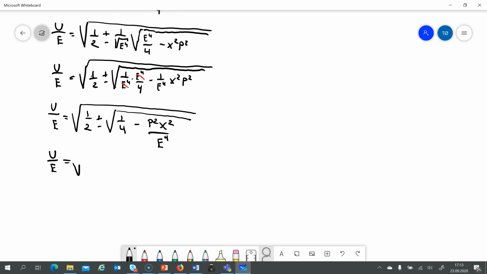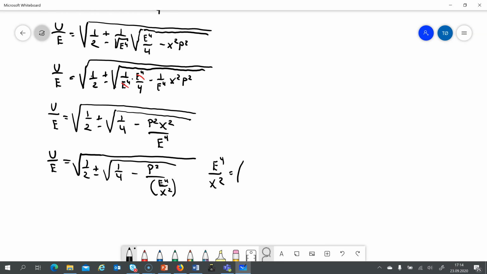U over E equals half plus minus the square root of 1/4 minus P squared, E to the power 4 over X squared.